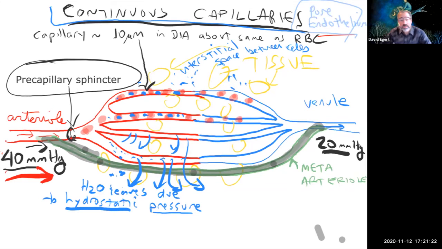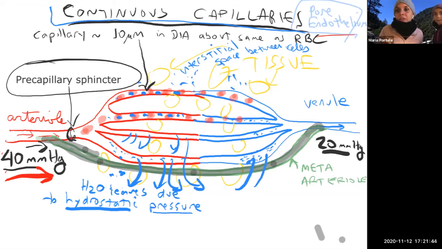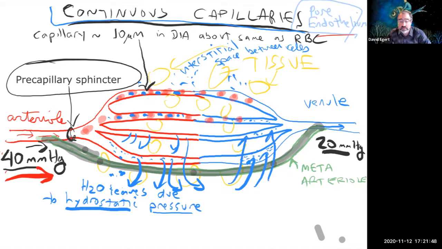However, as this is happening, we're losing water. What is happening in terms of osmosis as we start losing more and more water, as we get further down to the end part of the capillary bed? Osmotic pressure inside of the capillaries gets higher. Exactly. So we're going to start having the water come back in at the far end because of two things.